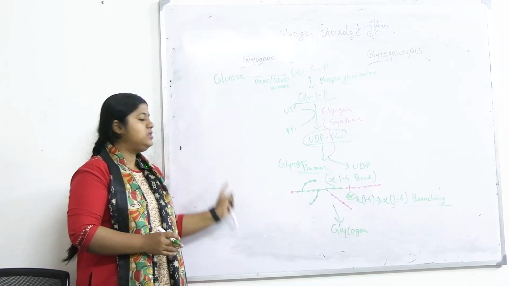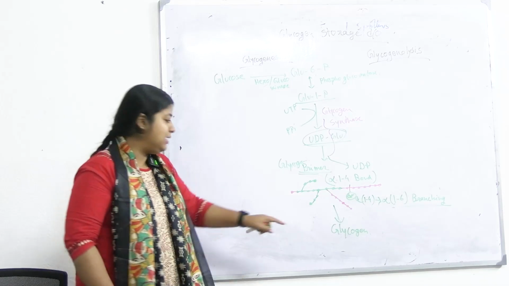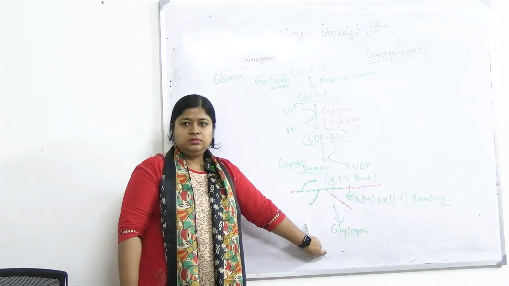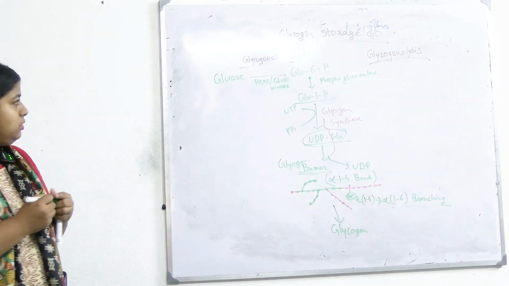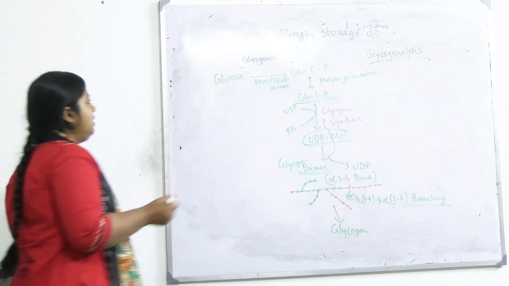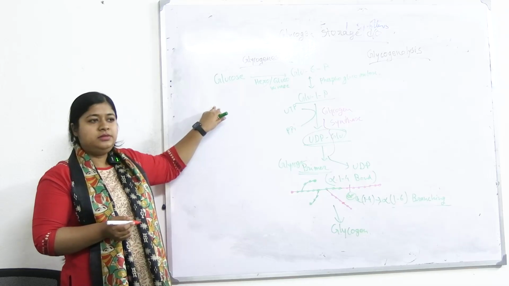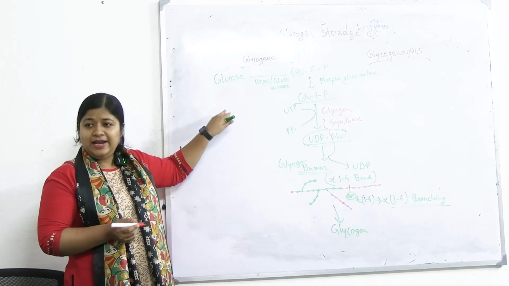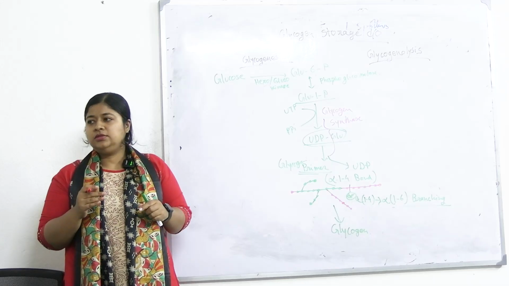So now this is glycogenesis, right? Formation of glycogen. Glycogen is produced. Clear or not? Everybody, now I will go to glycogenolysis. Okay, before proceeding to glycogenolysis, glycogen synthesis occurs in which state? In fed state, or when body has excess amount of glucose.